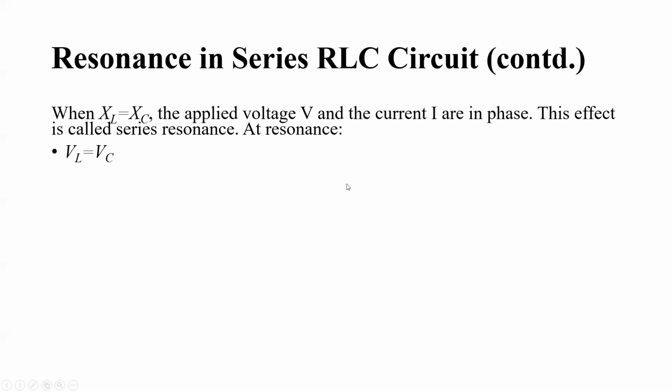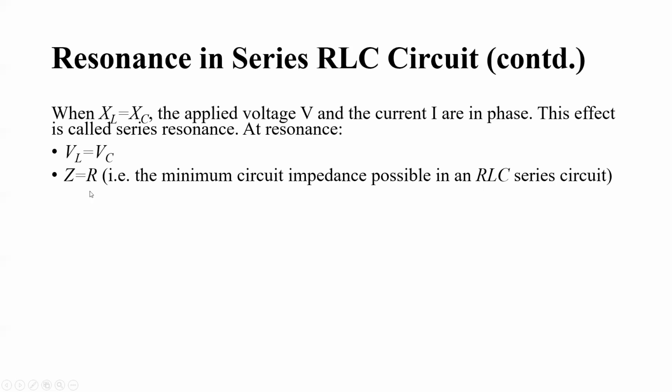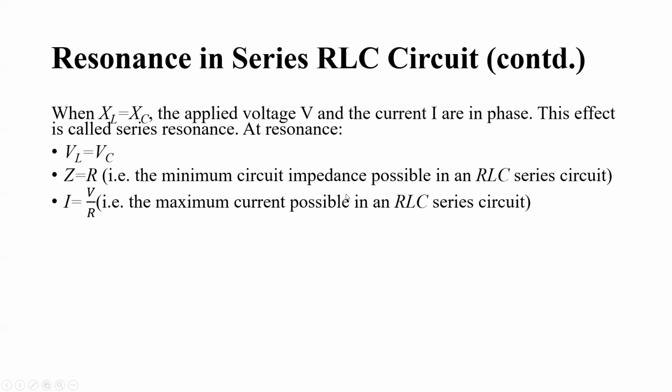At resonance, since XL equals XC and the inductor and capacitor are in series, VL will also be equal to VC, since the same current flows through both of these components. Impedance Z will be equal to R, which is the minimum circuit impedance possible in an RLC circuit.